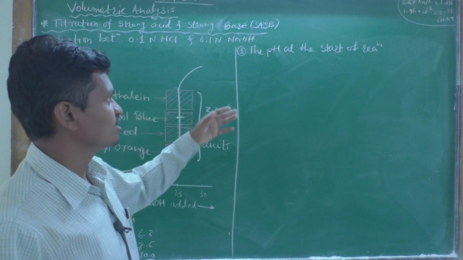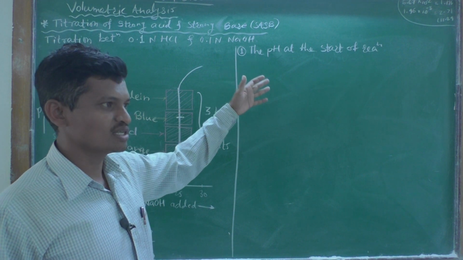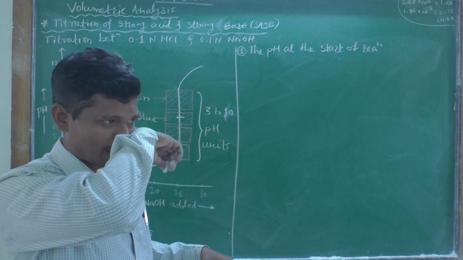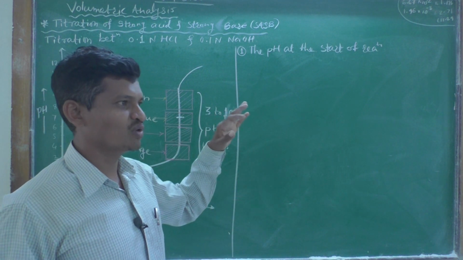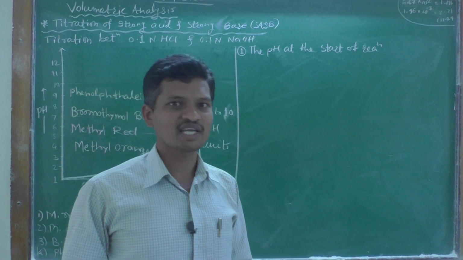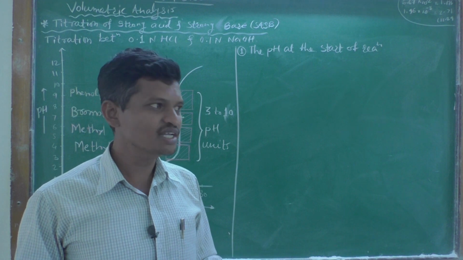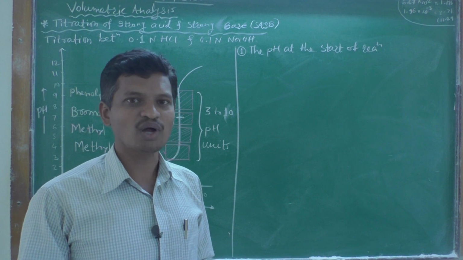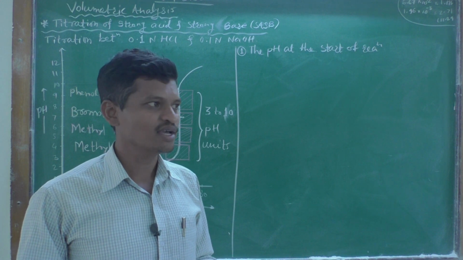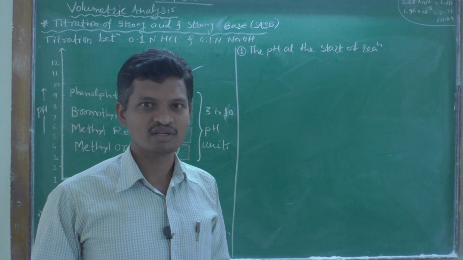Okay, so let us start to calculate the pH of the solutions during the course of this titration. In your text, 5 to 6, 7 calculations are given, but there is no need to calculate all these pH values. For any titration, only 3 to 4 calculations are sufficient.